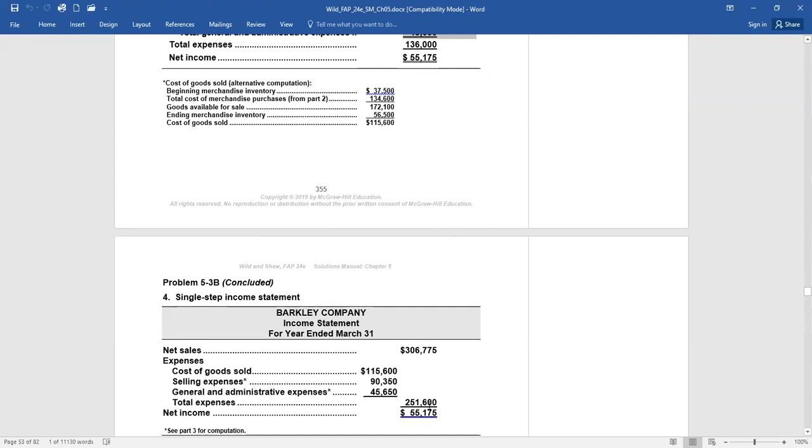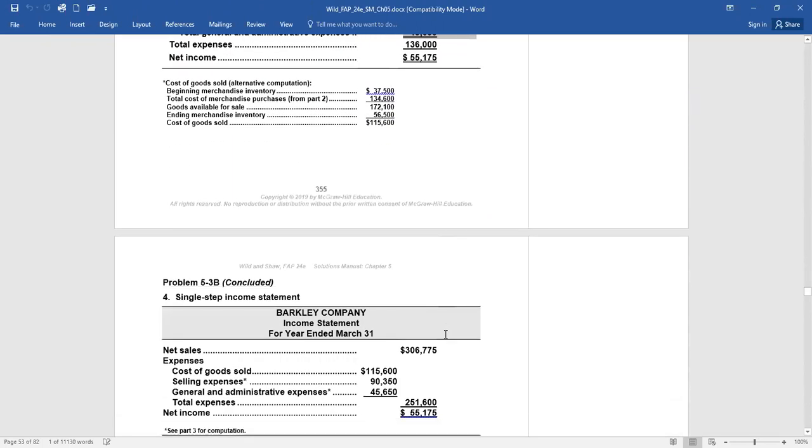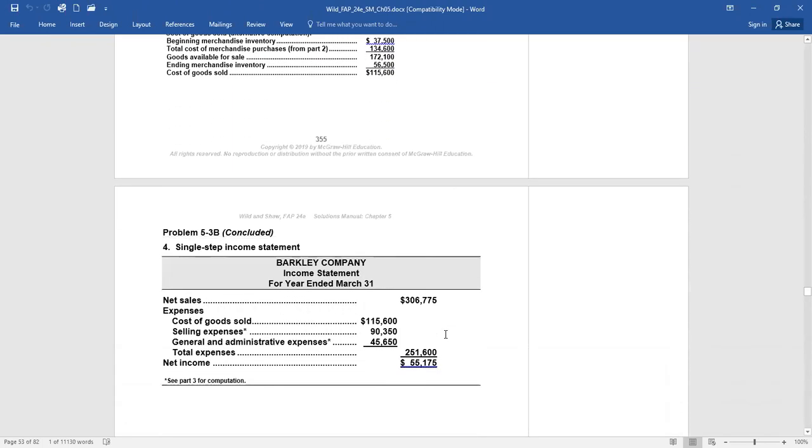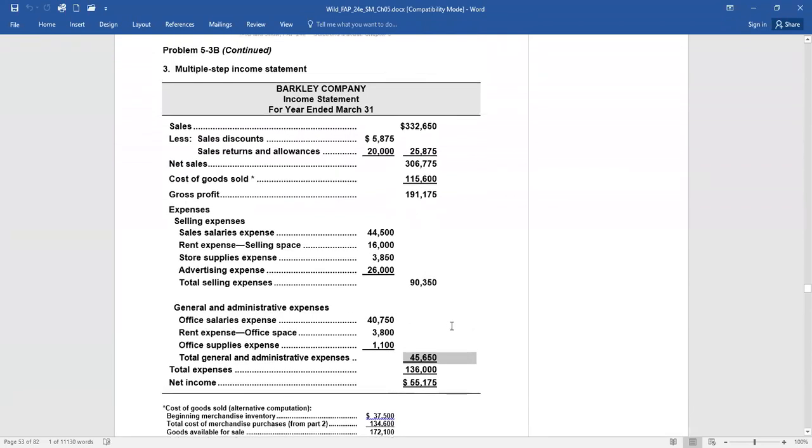Add those three numbers together, which all are expenses, subtract expenses from revenue, and you get the same net income. It's just it doesn't tell as much information as a multiple step does. Here's your gross profit. Here's your overall income. Okay, and that's why, especially with merchandisers, we prefer a multiple step income statement.